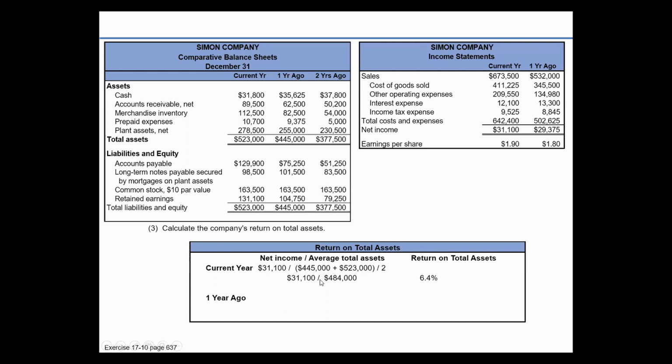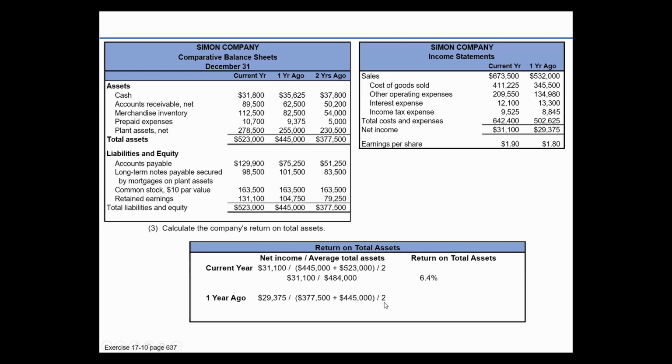And then again, a year ago, same thing. So net income is 29,375, and then divide that by the total assets from a year ago and 2 years ago, added up and divided by 2. So 377,500 is 2 years ago, and then a year ago was 445,000.